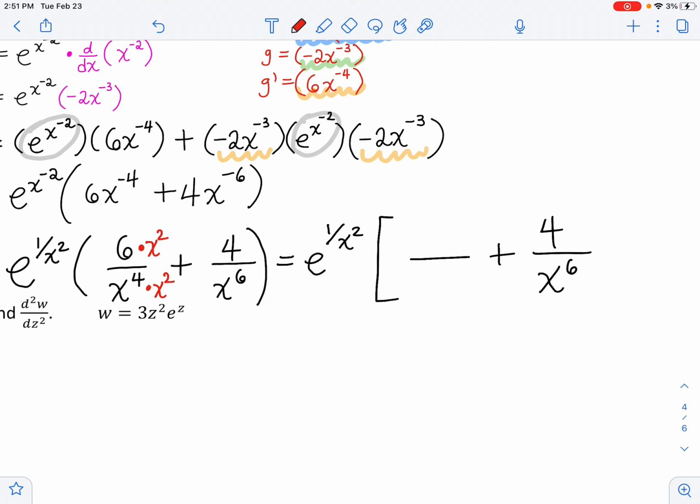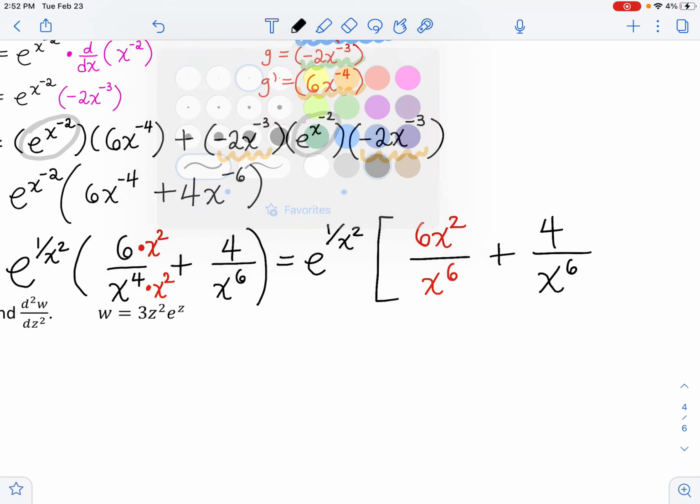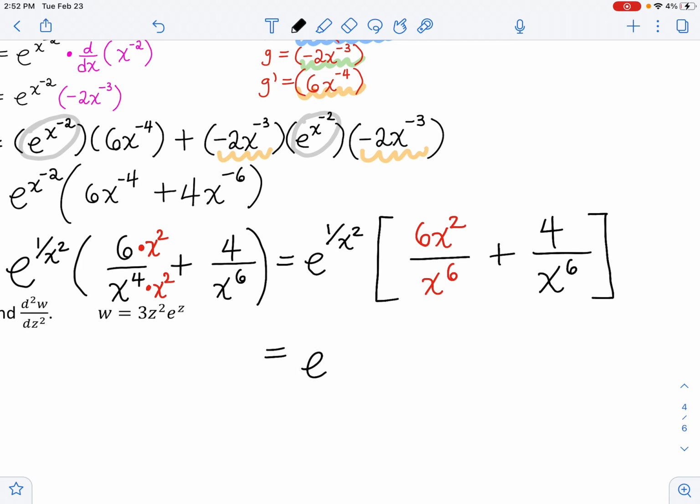If I do that, the denominator will be x to the 6th power. And I can add them now, you see. Okay? Again, just some algebra, not really calculus at this point. E raised to the 1 over x squared. And the single fraction that I can have is 6x squared plus 4 all over x to the 6th power.